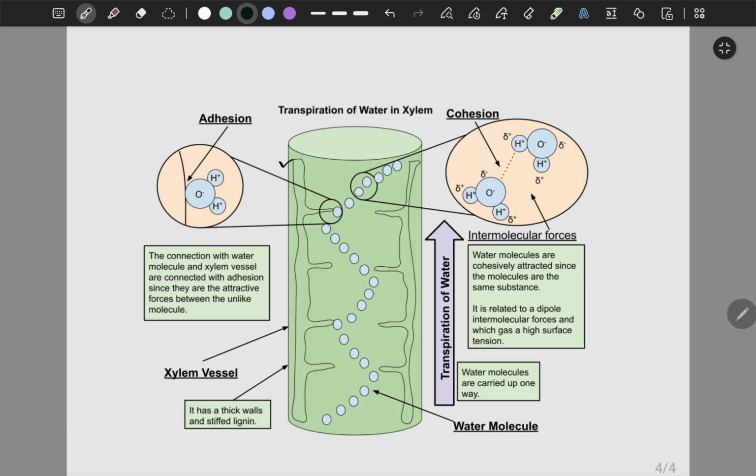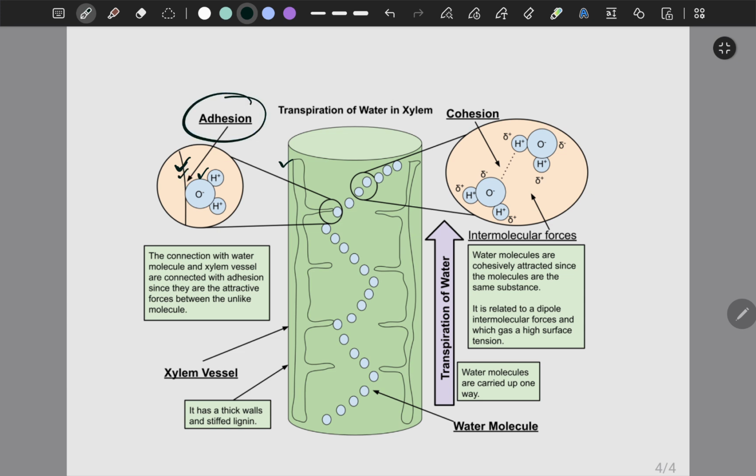And you know, when the water goes from root to shoot, when the water is absorbed, the water is attracted to the wall of the xylem. Actually, cellulose is there which has partially positive and negative charges, so water gets attracted to the walls.